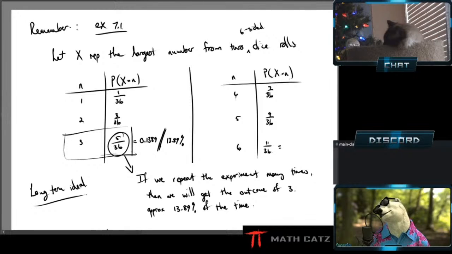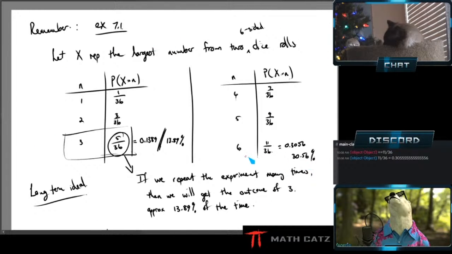It's 0.3056, let's say. So that's 30.56% approximately.